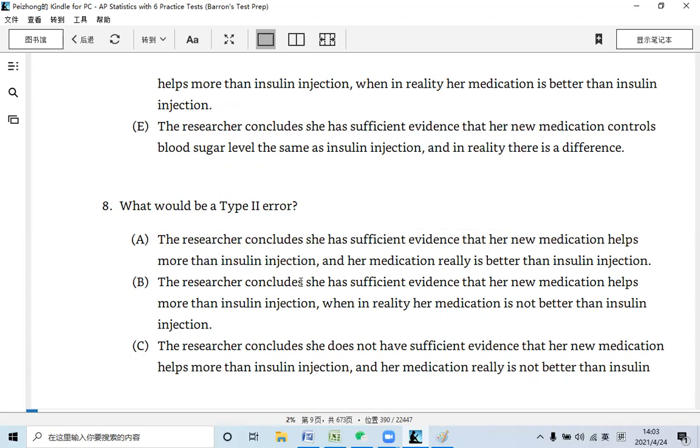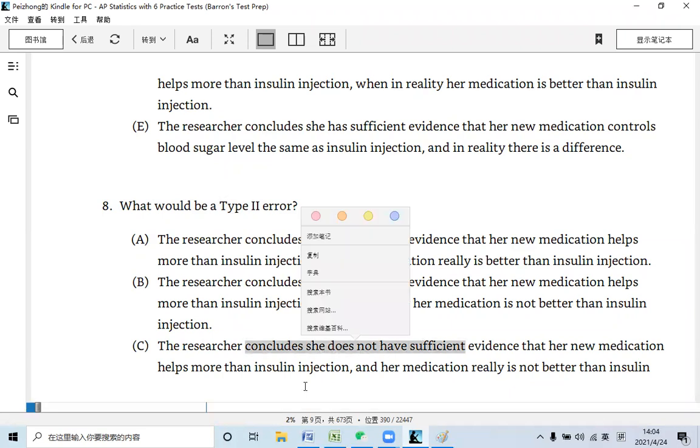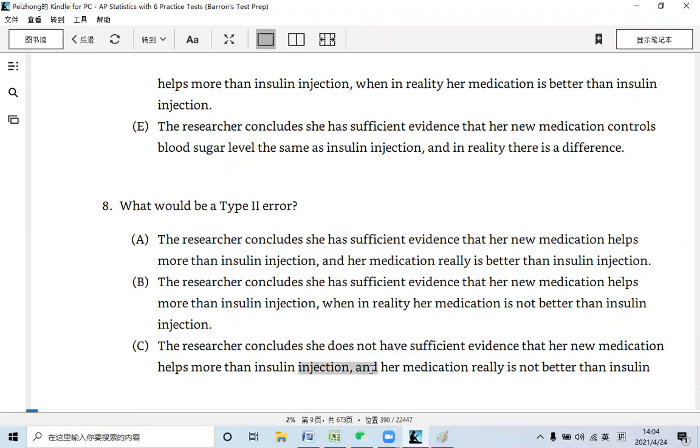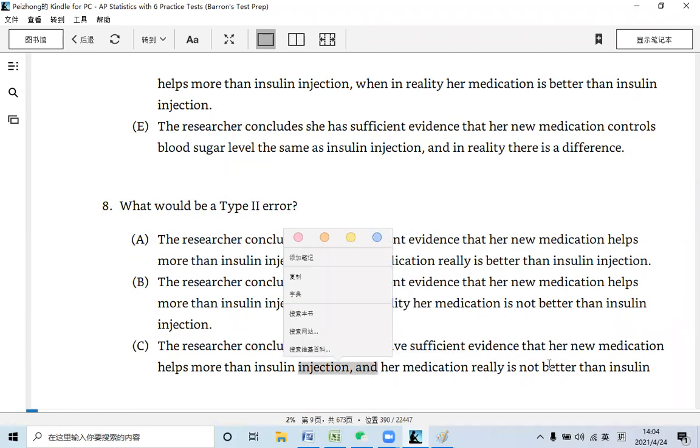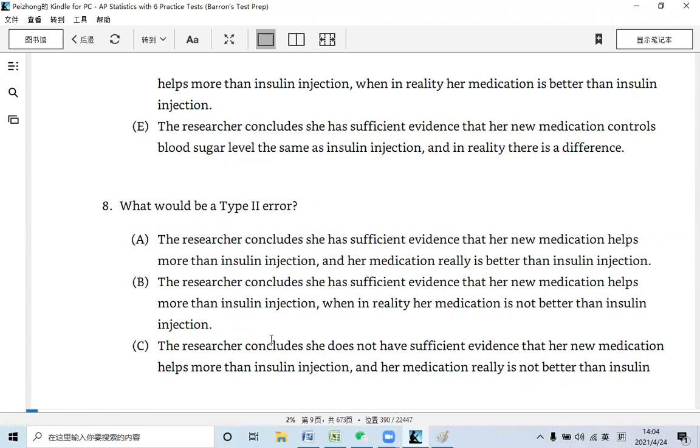How about B? Researcher concludes that she has a sufficient, no, this is obviously wrong, not about type 2. C, researcher concludes, yeah, here this looks better. She does not have sufficient evidence that her new medication helps more than insulin. This part looks good. Her medication really is not better than insulin. This would not be an error. In this case, she would be making the right decision.